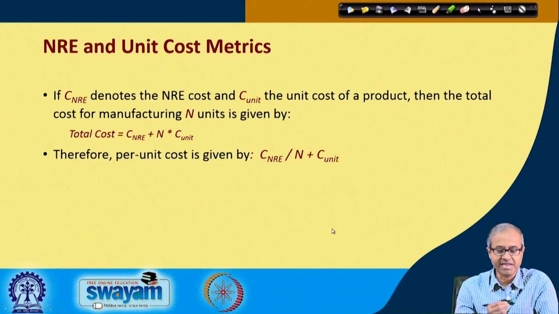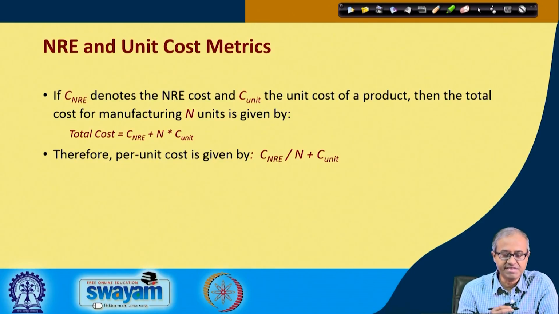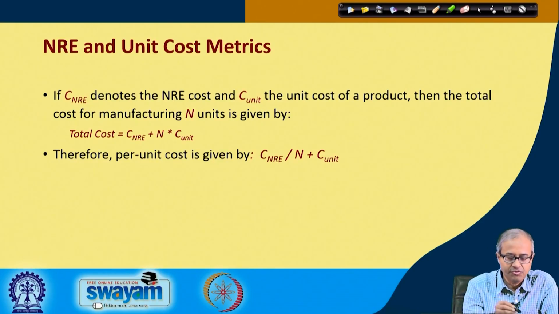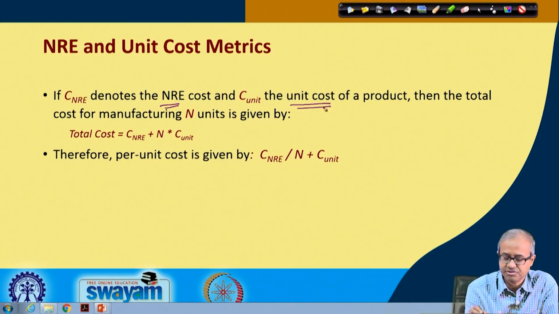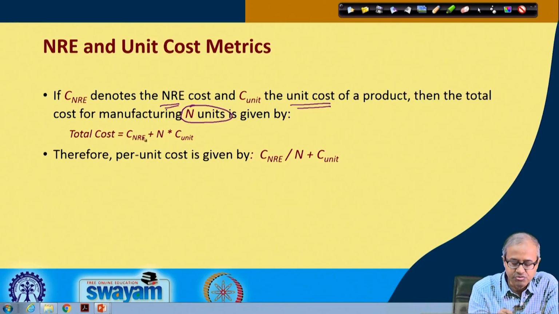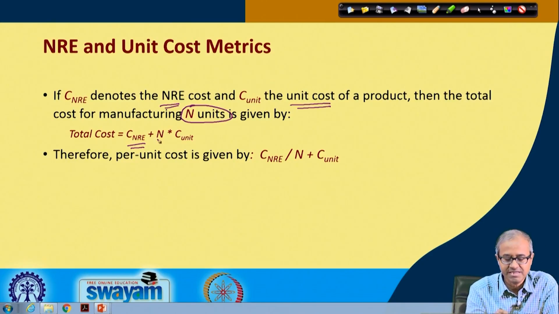Now, talking about the NRE, non-recurring engineering, and unit cost, well, if C_NRE, let us say, denotes the non-recurring engineering cost and C_unit denotes the unit cost, then for manufacturing n units of the product, the total cost will be non-recurring cost, this is a one time cost, plus number of products multiplied by unit cost.